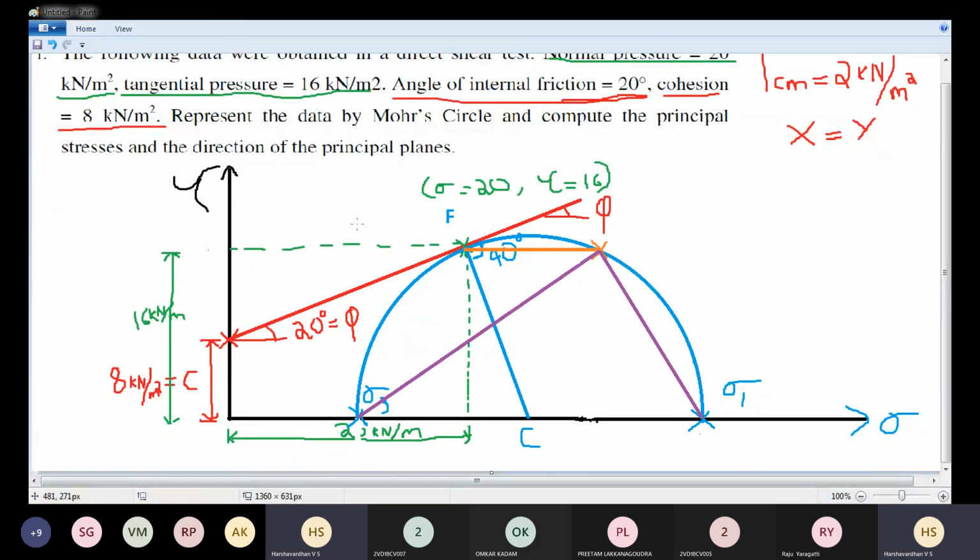So this angle is the angle of the minor principal plane. Let's say angle beta.